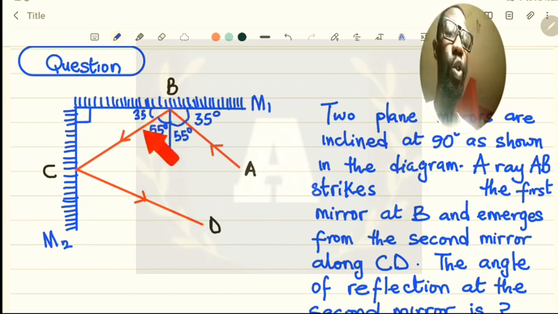Then it strikes the second mirror. Now we also have alternate angles.